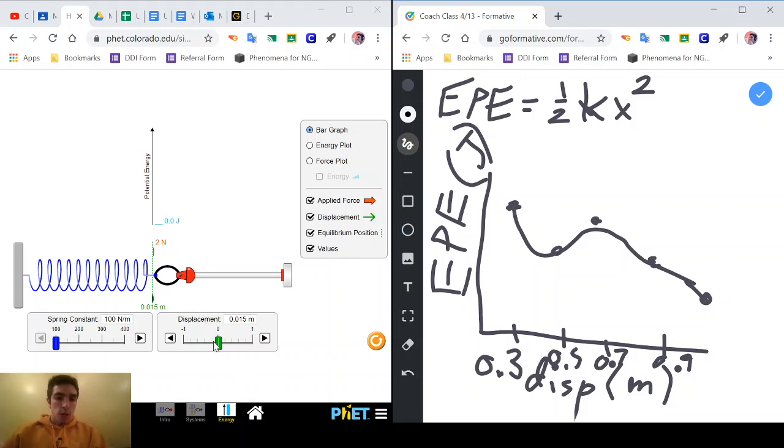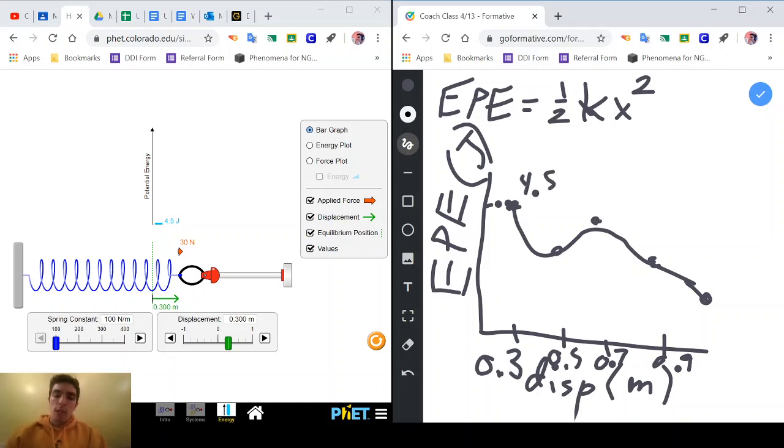For the 0.3 meter displacement, I would graph up to this 4.5, it looks like. You don't have to write the numbers on there, but you'll use whatever numbers are directly on that graph. So those are the trends that you're trying to pick out today as you apply that elastic potential energy equation.